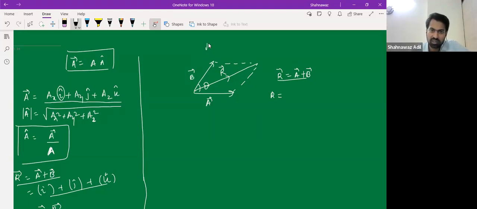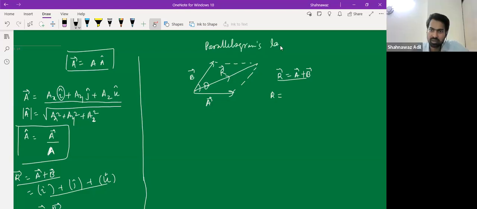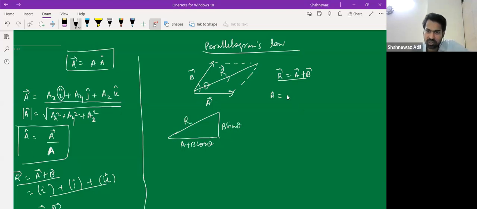So this is the parallelogram law, right? So in parallelogram law, what was the magnitude? Let me remind you, this was the resultant triangle. And then we calculated this resultant from the Pythagoras theorem.